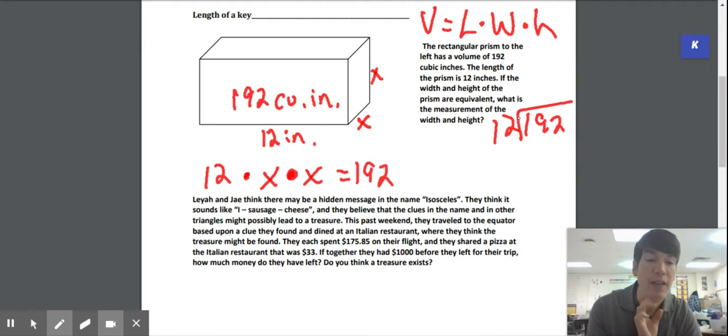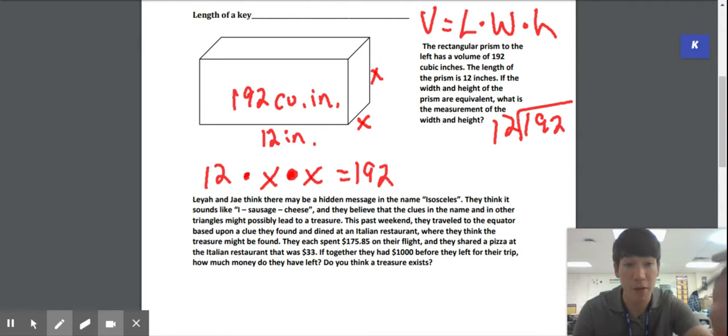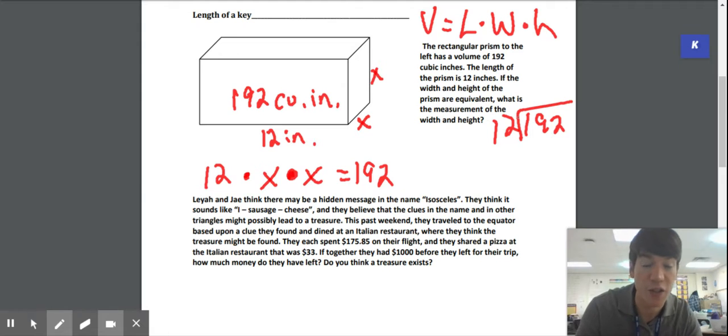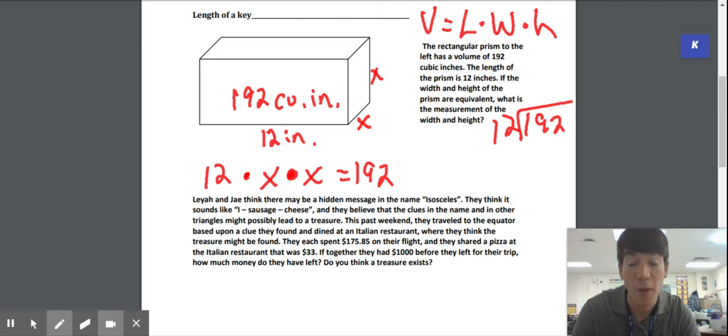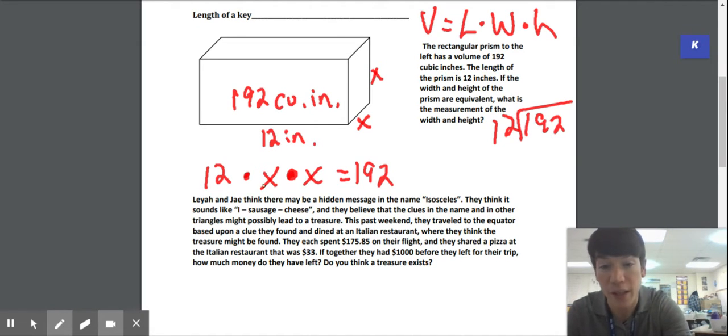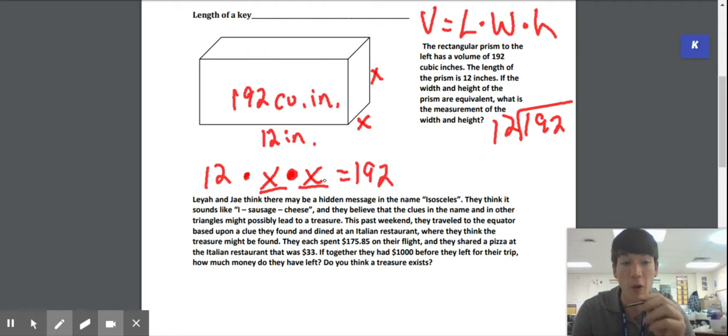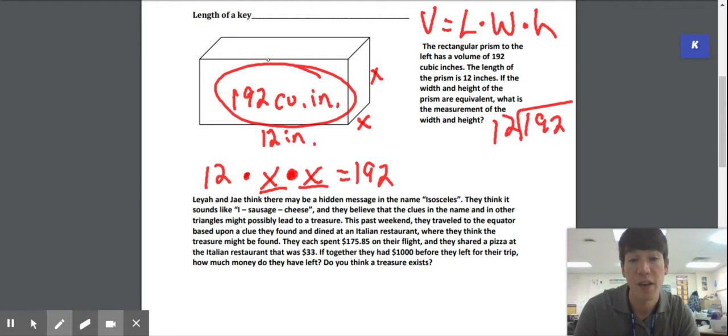And then that would tell me something times something must equal whatever that answer is. And from there, we can figure out by guessing and checking what number times itself is going to give me this. Remember, you can always go back and check by putting that number in here for X and multiplying 12 times whatever that number is, times that number again, and you should get 192 cubic inches there. So think about that as you're going through and thinking about your volume.